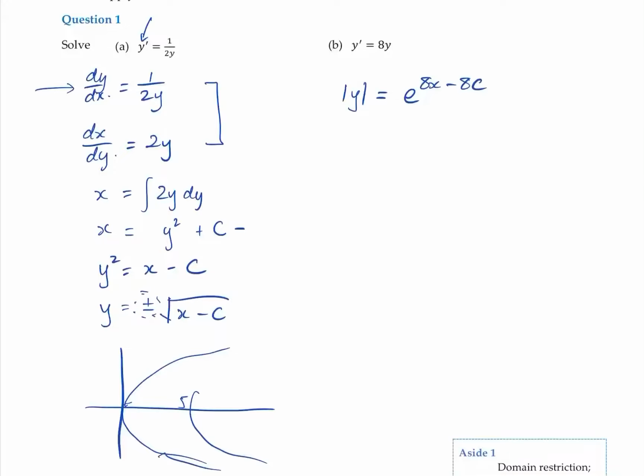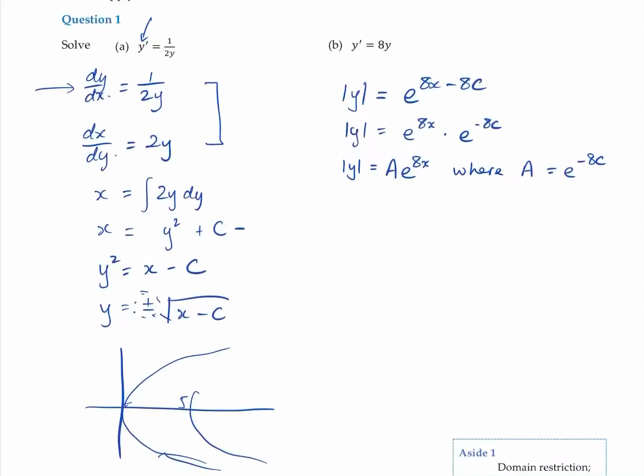So, a bit of index laws: e to the 8x times e to the negative 8c. And then we can do a cool thing here where we go absolute value of y equals capital A e to the 8x, where capital A equals e to the negative 8c.